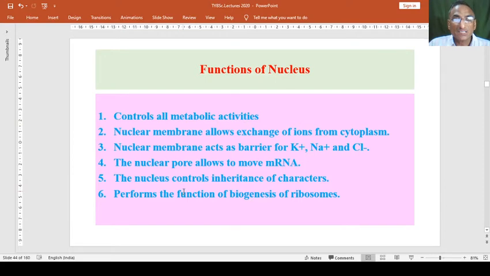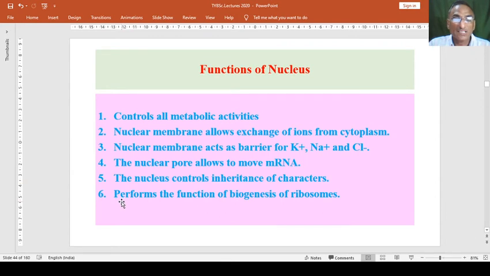The nucleus controls the inheritance of characters. As the nucleus has RNA and DNA, DNA is the genetic material and RNA helps in preparing the protein molecules.